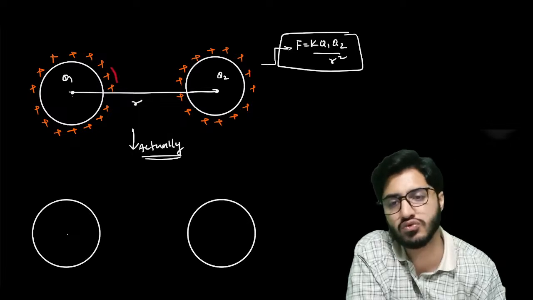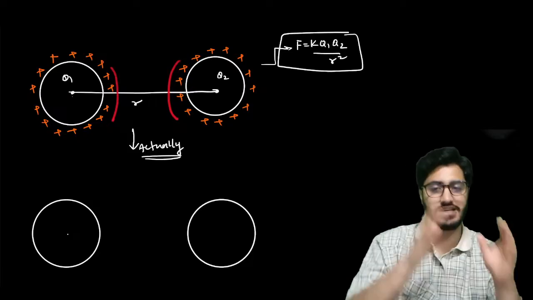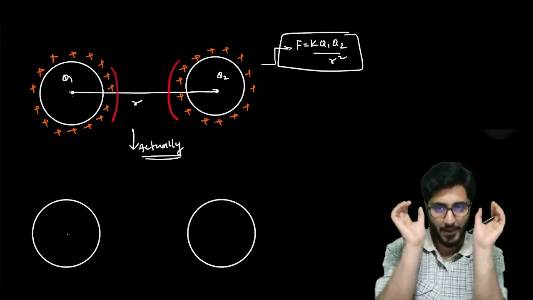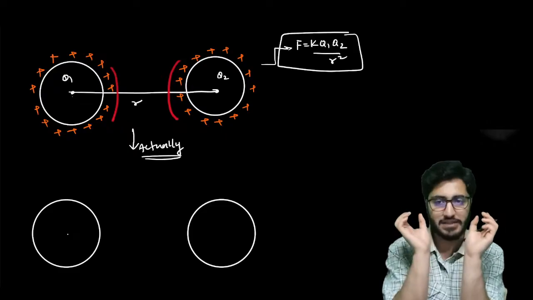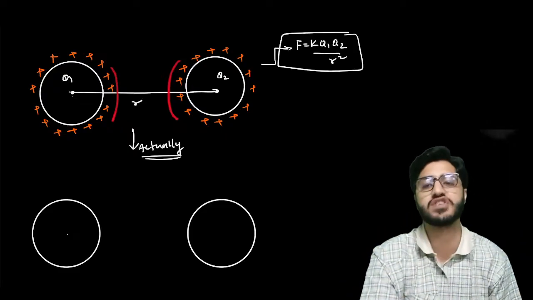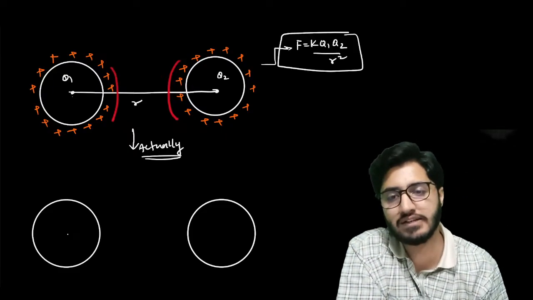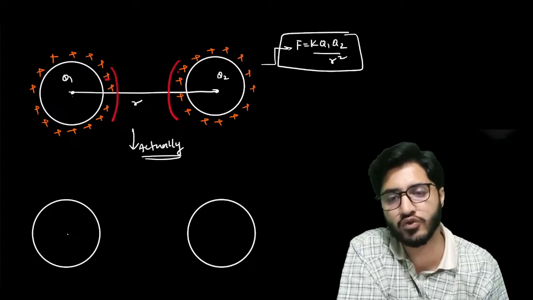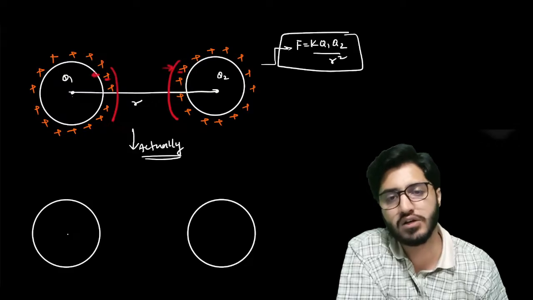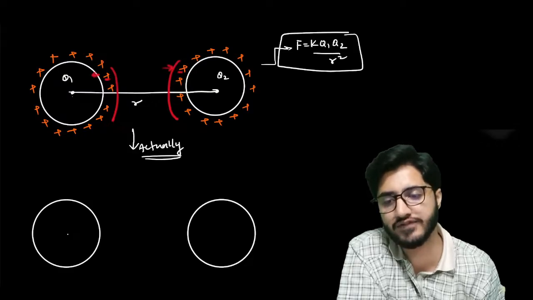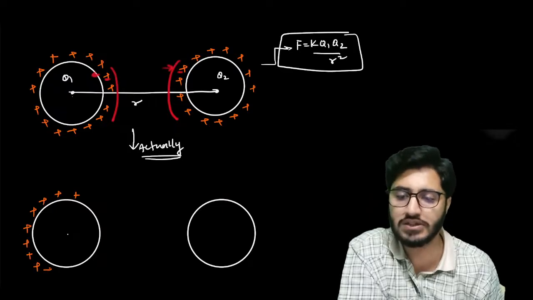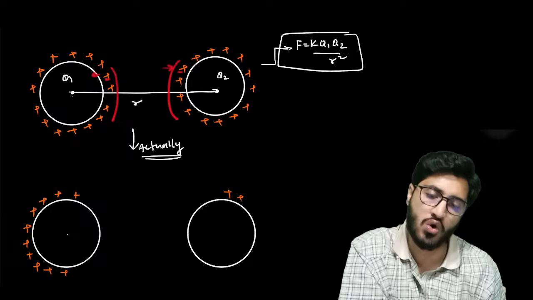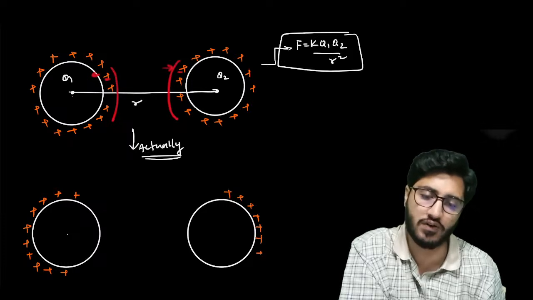These positive charges will repel each other because these are on the facing side. They have minimum distance between these two, so they will oppose each other. This positive will apply some force on this one like this, due to which the whole charge will get accumulated here only.